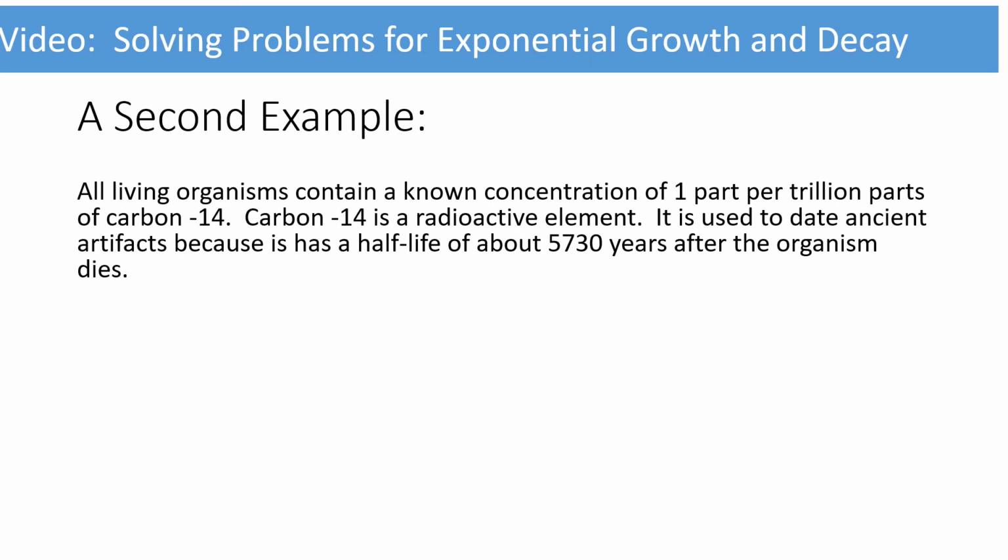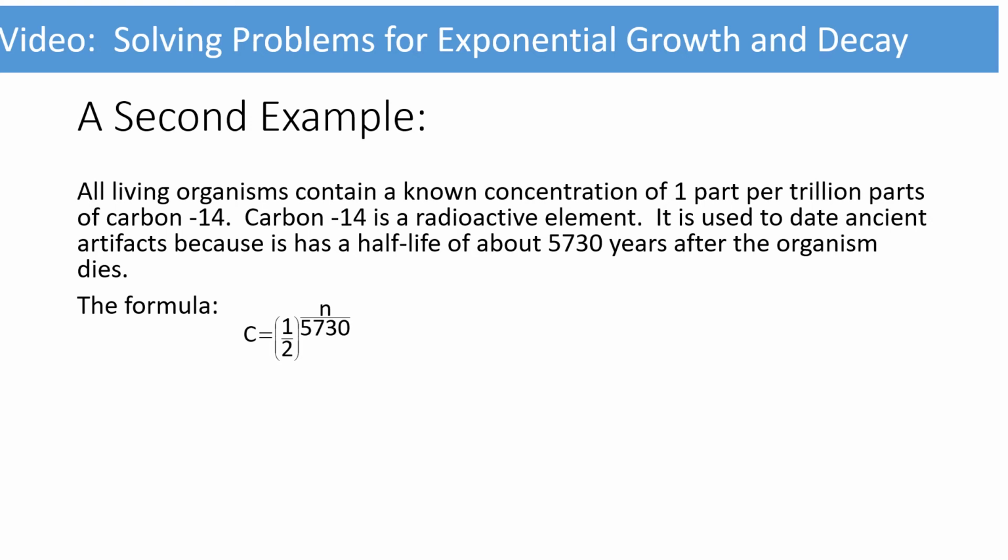Now, carbon-14 happens to be a radioactive element, and it is very useful in dating ancient artifacts because its half-life is about 5,730 years after the organism dies, which is a very long time. So what's our formula? Well, we want to find out how much carbon exists after a certain period of time.